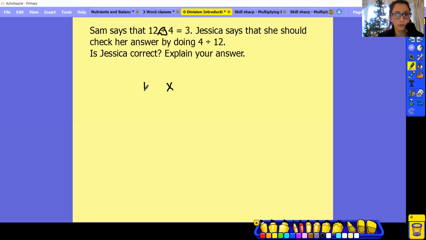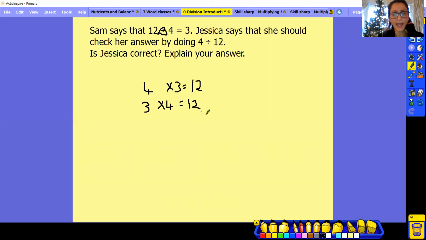You can do 4 times 3. If you know your 4 times tables, 4, 8, 12. That would be one way of doing it. She could do it another way, 3 times 4. So knowing her 3 times table, 3, 6, 9, 12.